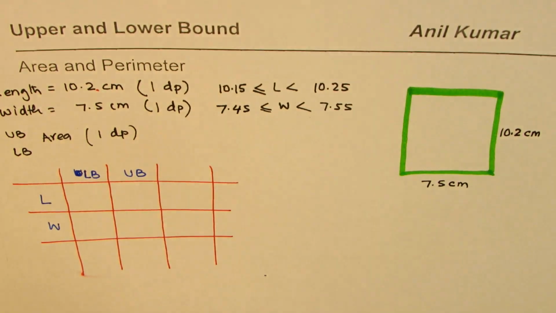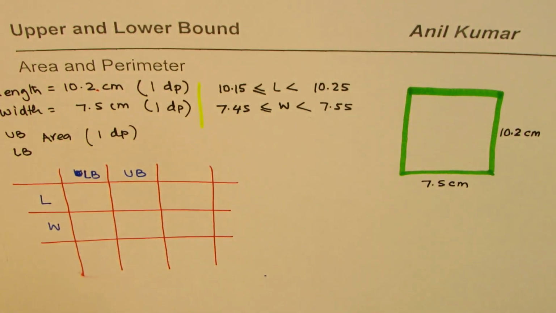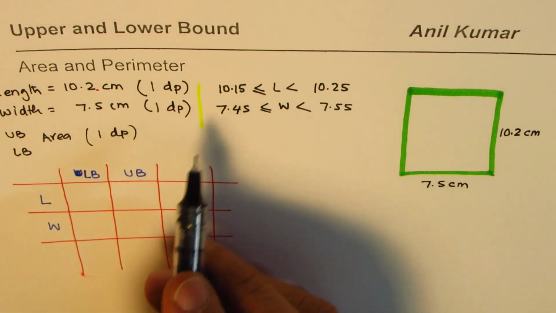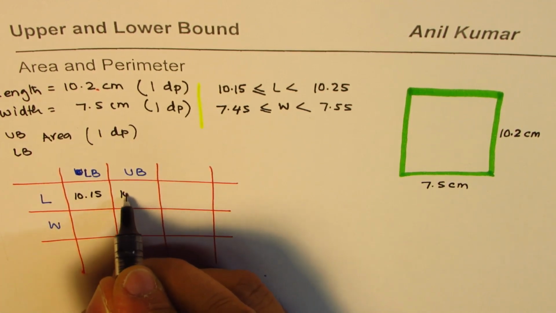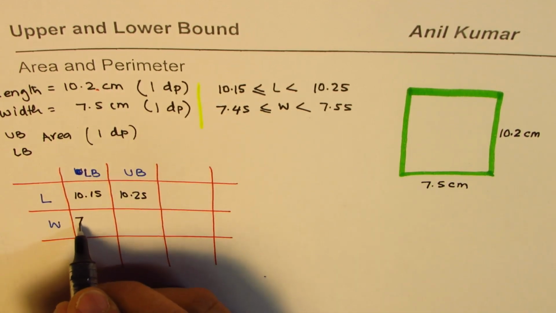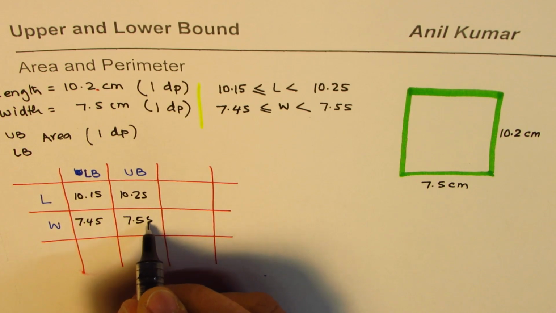So we get these upper and lower bound values. Is it okay? So let's write down these values. For length, the lower value is 10.15 and the upper value is 10.25. As far as the width is concerned, it is 7.45 and 7.55.